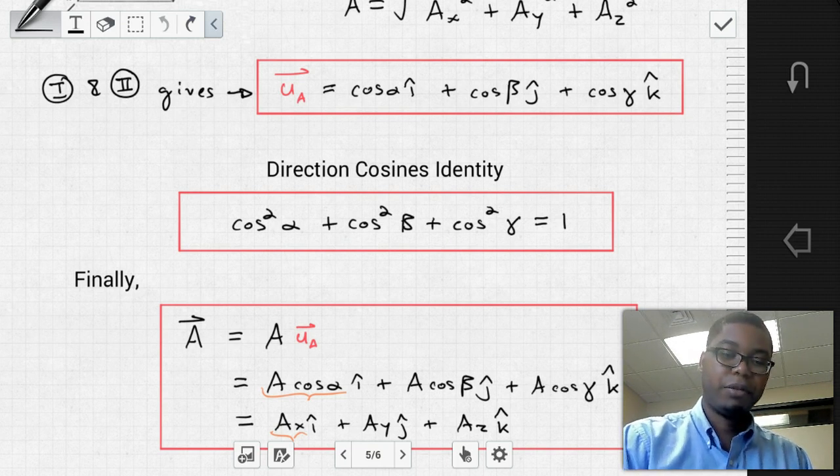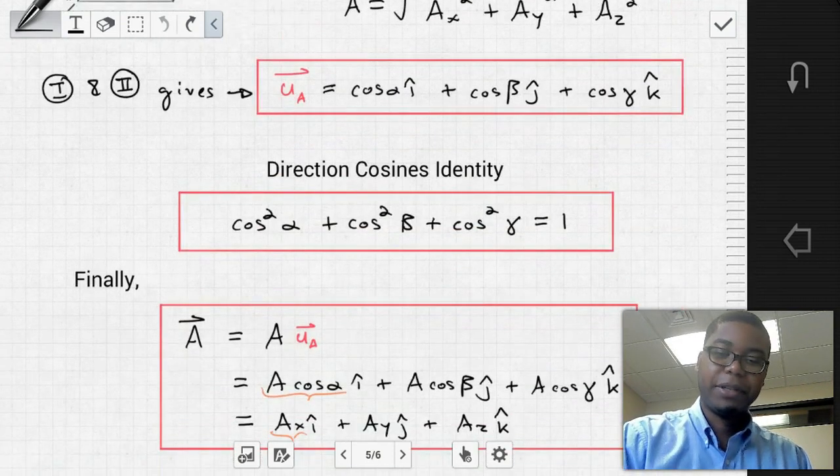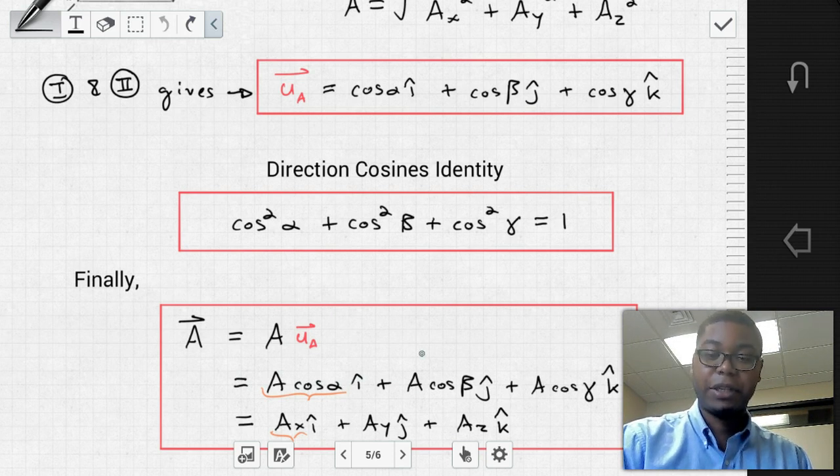So finally, we can take this vector A that we have, and we can describe it in a number of ways. Vector A can be described as the magnitude of A times the unit vector. So it's the magnitude times the direction, right? If we were to take that unit vector and further break it down, we'll find that it's equal to A times cosine alpha times i plus A times cosine beta times j plus A times cosine gamma times k.